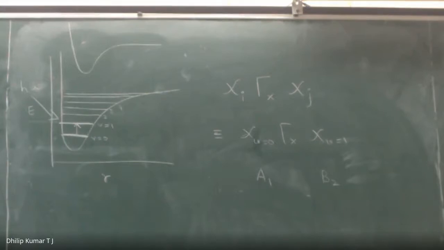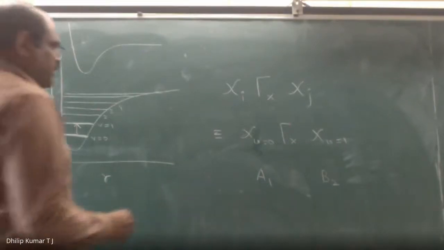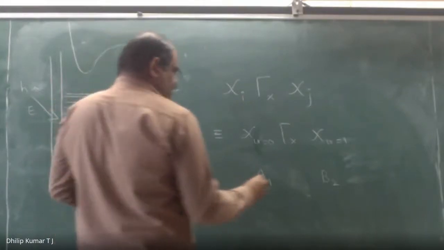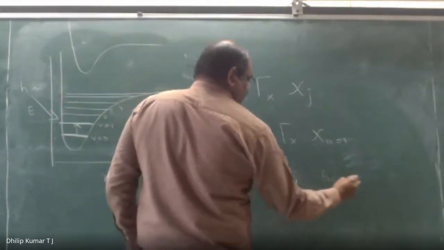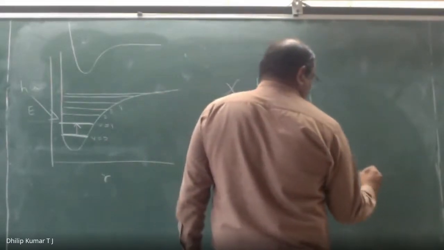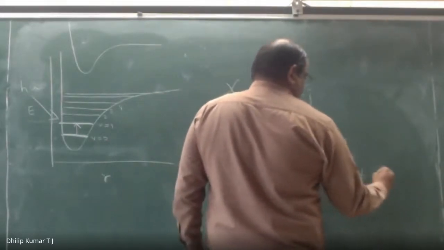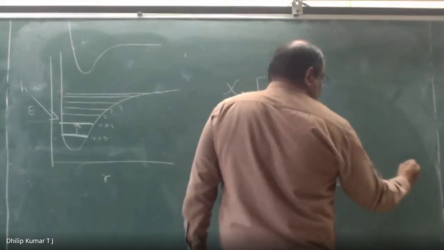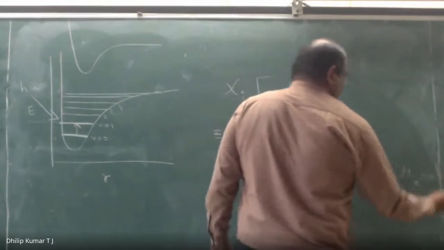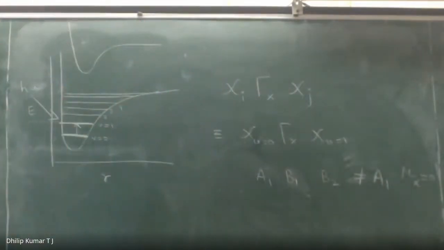So yesterday I was talking about A1, B2. If you take A1, B2, then mu y will be non-zero. If you take mu x, this is B1 symmetry, so the product will not give A1. So mu x will be 0. The dipole moment change will be equal to 0, and it will not result in A1.